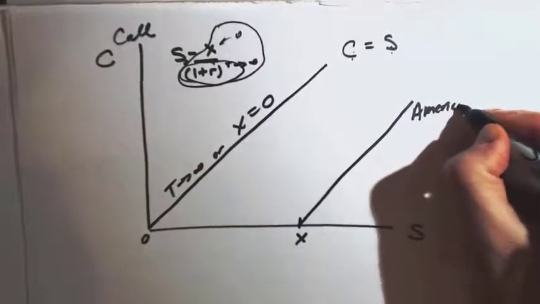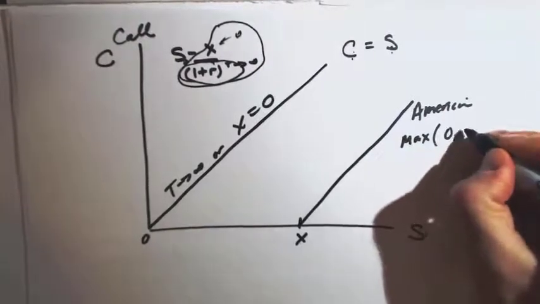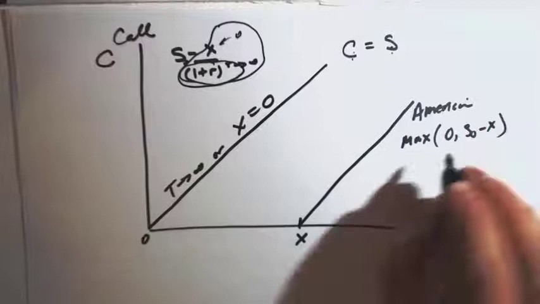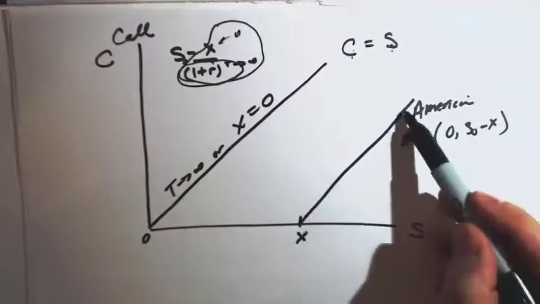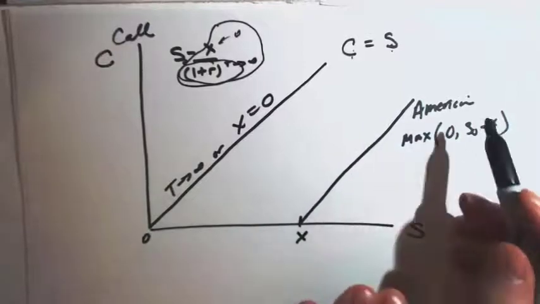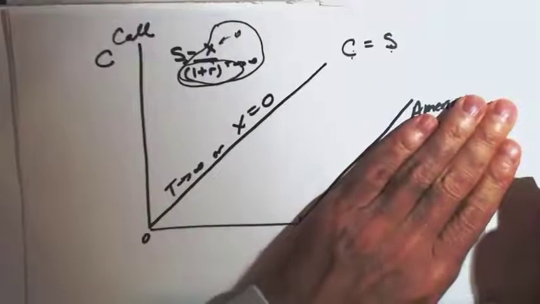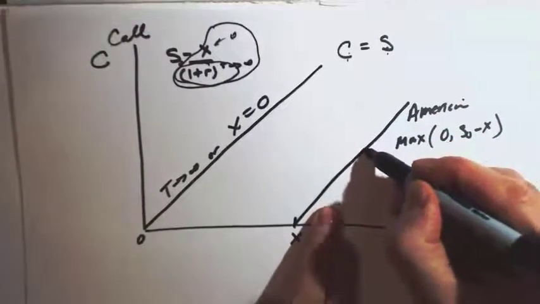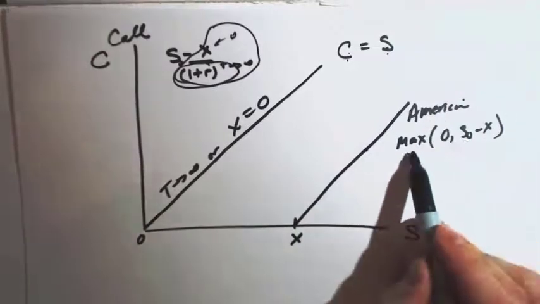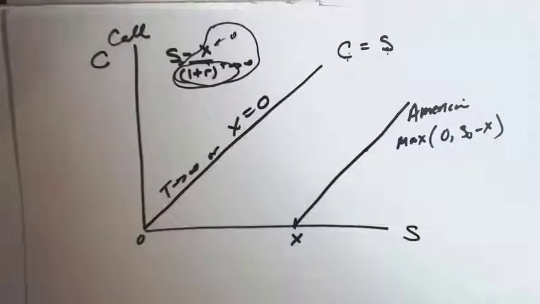Here we have an American, and the payoff is the maximum of 0 or S0 minus X. Remember, this is a lower bound, meaning it can't go below. See where my hand is? It can't go there because that's the lower bound. When it comes down, it hits this line, and that line is denoted as the maximum of 0 or S minus X. So that's the American boundary.